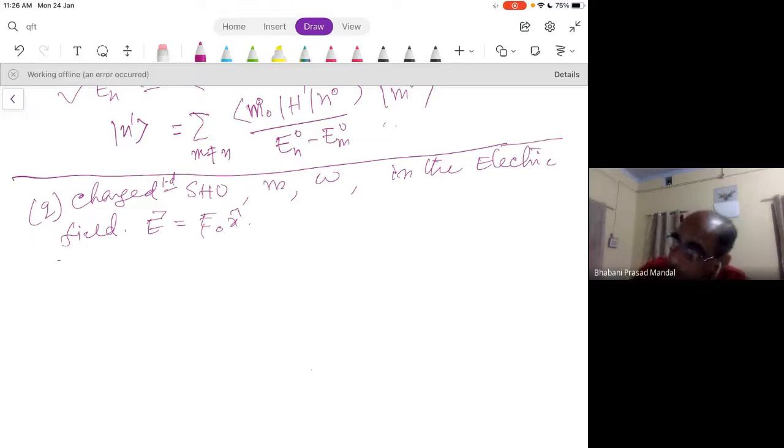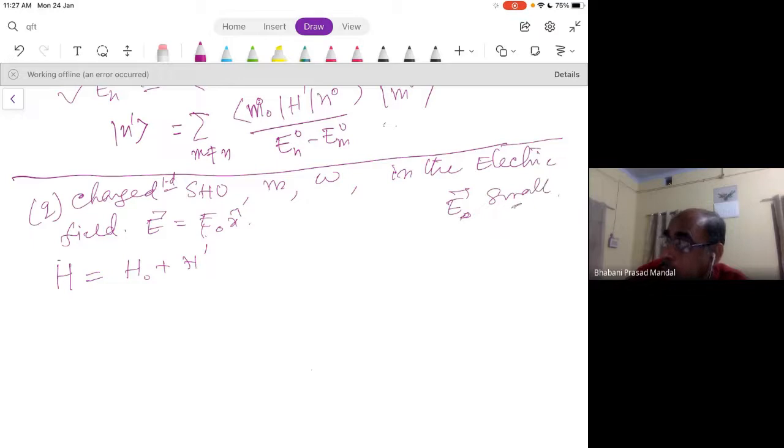So first thing you have to write is your Hamiltonian, H0 plus H prime. I am not writing lambda, but lambda is just to show how it works. If you make sure that H prime is small, I can assume that my electric field is small.